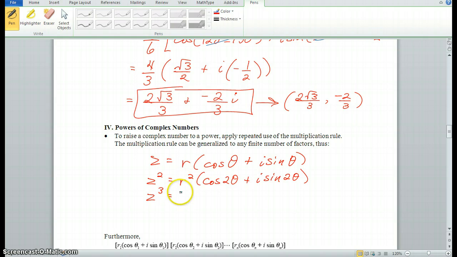Moving up a degree, z cubed is equal to r cubed times the quantity cosine 3 theta plus i sine 3 theta.